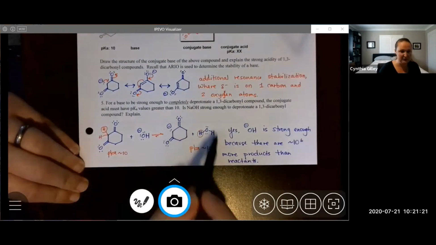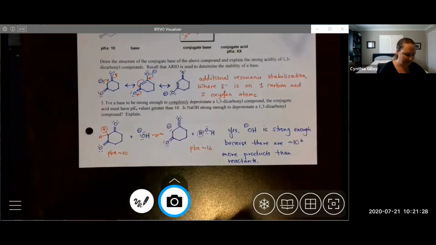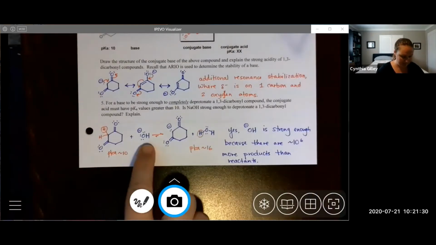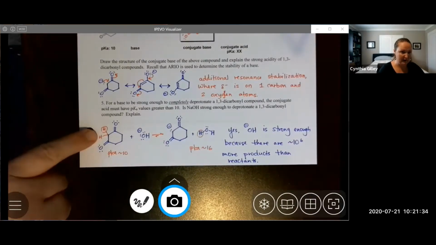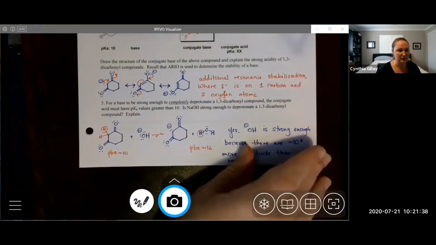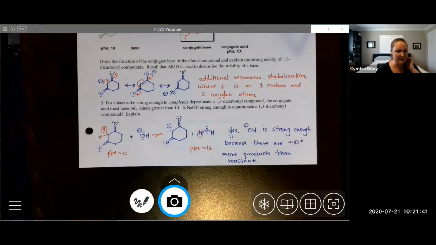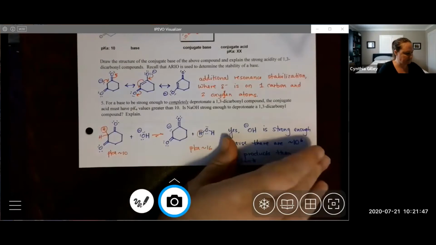Concentration of this is much, much higher, and it's essentially completely converted to the products. So hydroxide is strong enough to deprotonate the interior protons of a 1,3-dicarbonyl, but it's not strong enough to deprotonate a generic ketone or aldehyde's alpha position because the pKa of those protons is much higher than this.